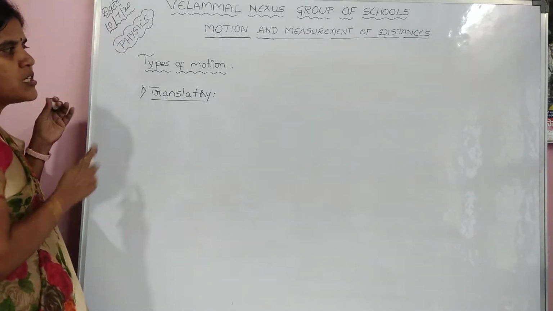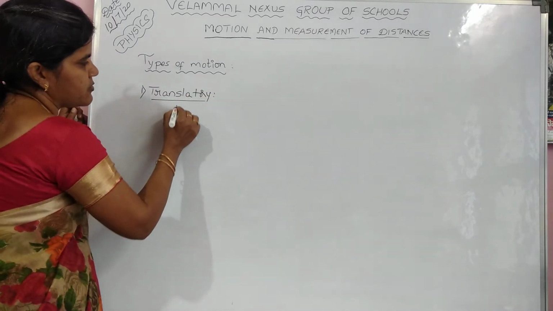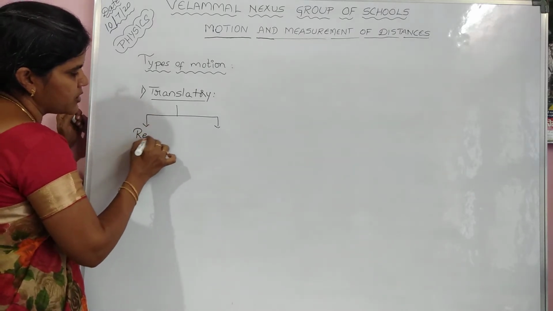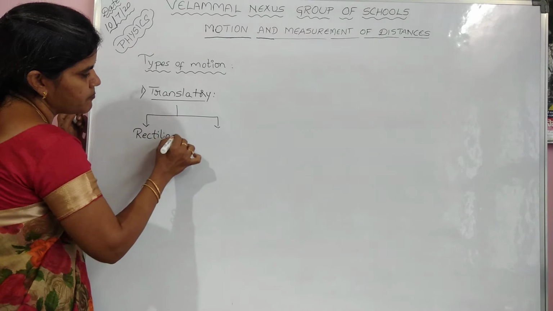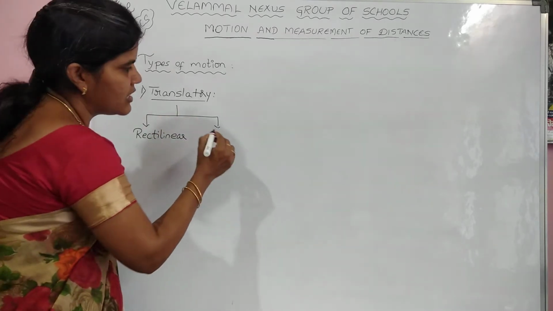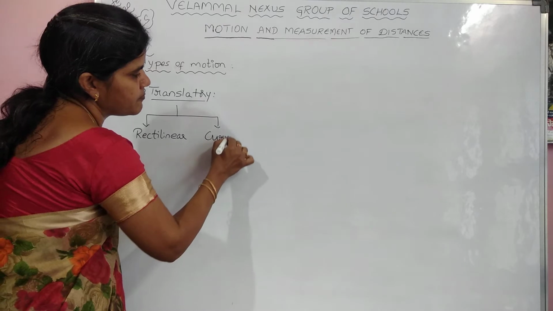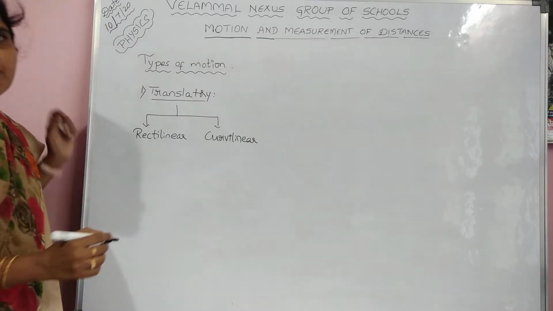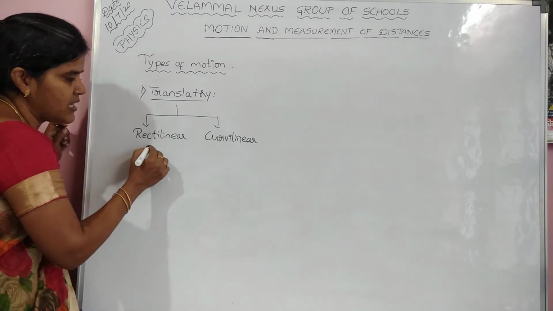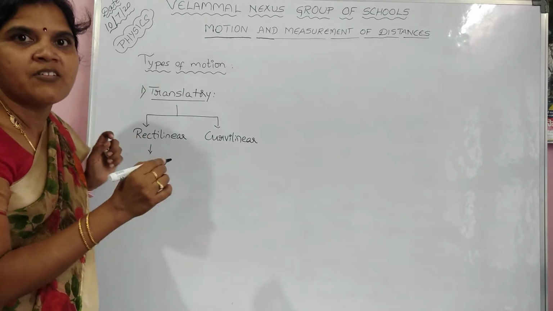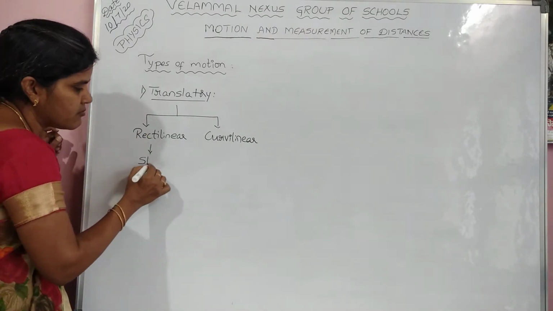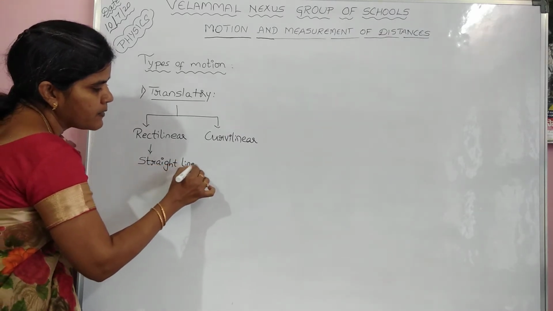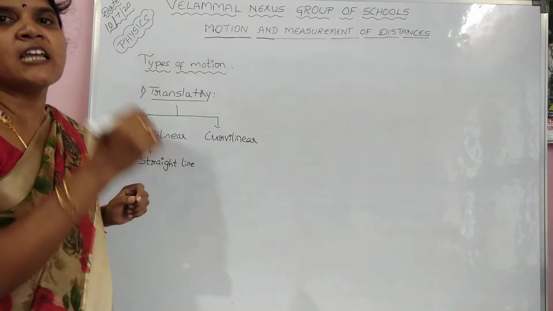This translatory motion is divided into two types. One is rectilinear motion, the other is curvilinear motion. What is rectilinear motion? Yesterday we discussed, if the path covered by a body is a straight line path, then the motion is said to be rectilinear motion.